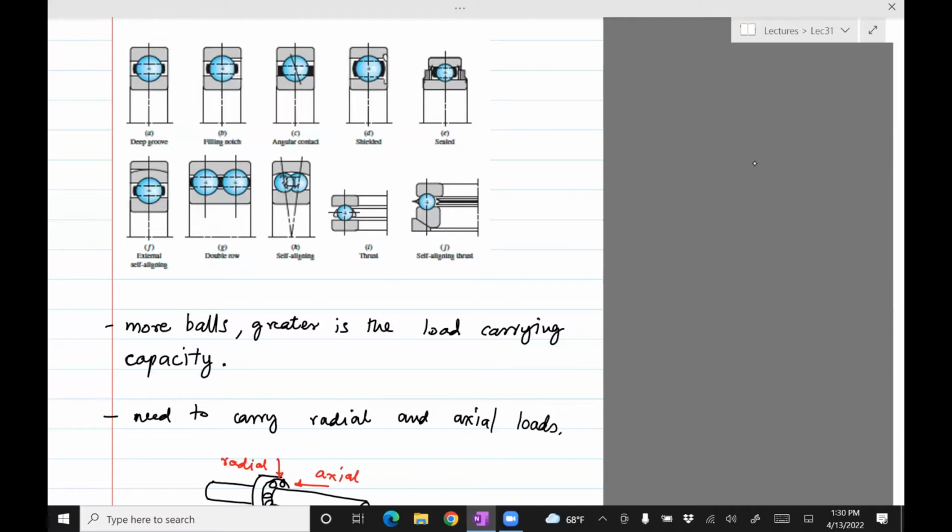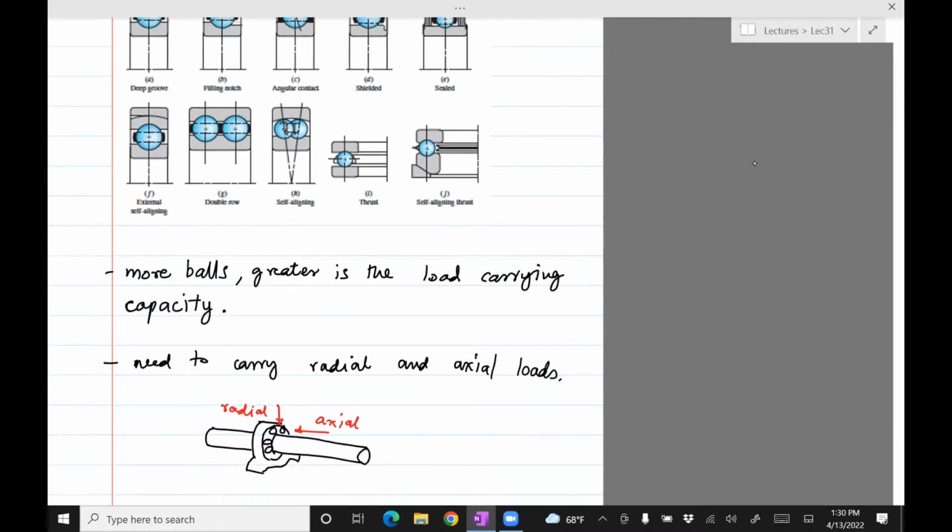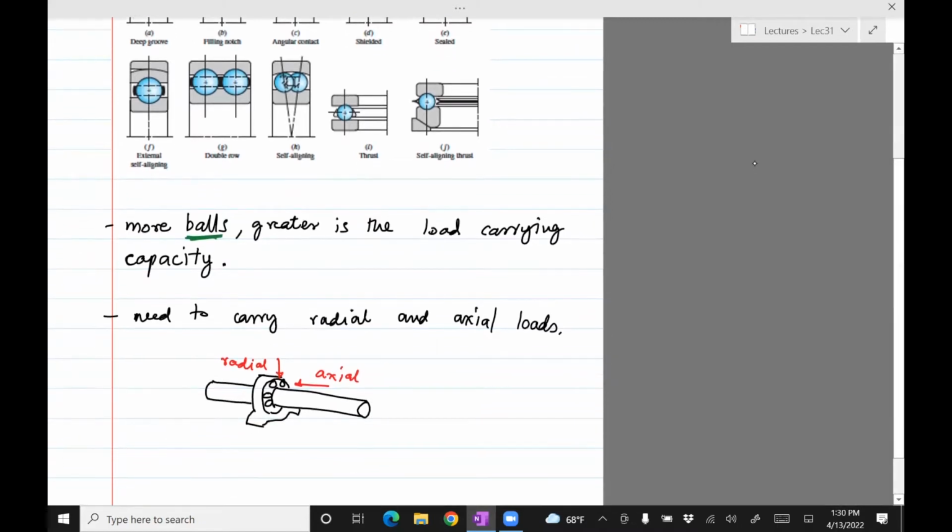For example, self-aligning bearings help take care of misalignment. In general, the more balls you have, the greater the load carrying capacity. Bearings are subjected to two types of loads: radial load, which I've shown here, along the radius of the bearing, and axial load, along the axis of the bearing.